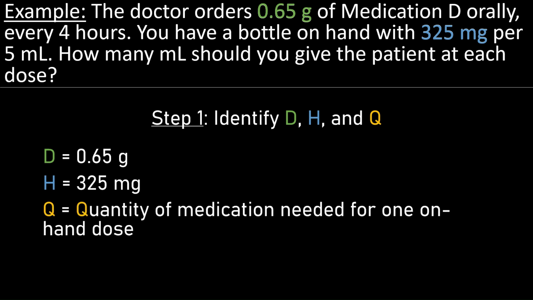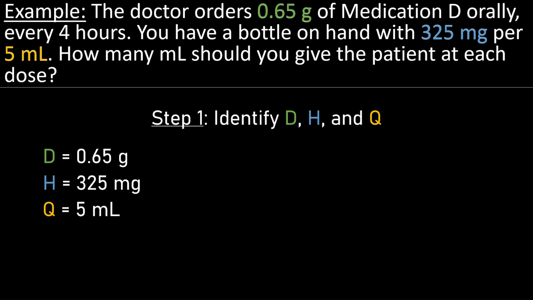Finally, Q, the quantity of medicine that a person would need to consume in order to ingest 325 milligrams of medication. Here in the question, we are told that 325 milligrams of medicine is present in every 5 milliliters of liquid suspension, so our Q is 5 milliliters.